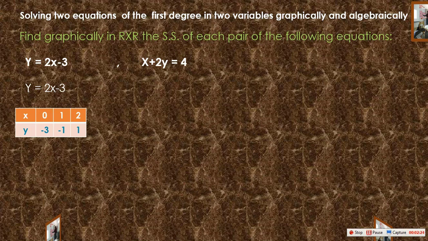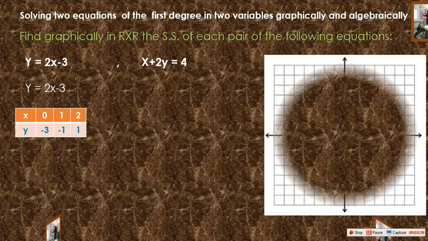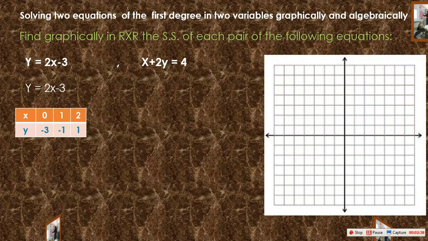Now we give x values 0, 1, 2 and calculate the value of y and get the ordered pairs which represent the solution of the equation. You know that we can get an infinite number of ordered pairs. We can represent these ordered pairs on a perpendicular square net, as you know.